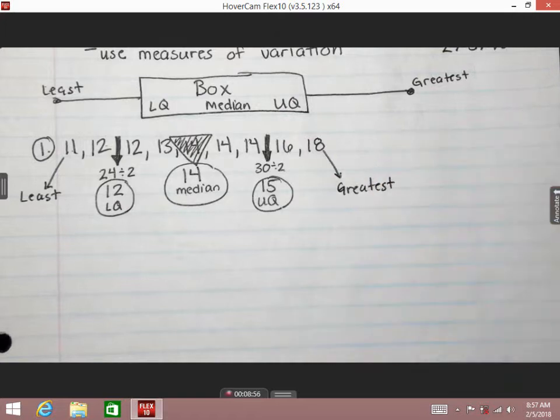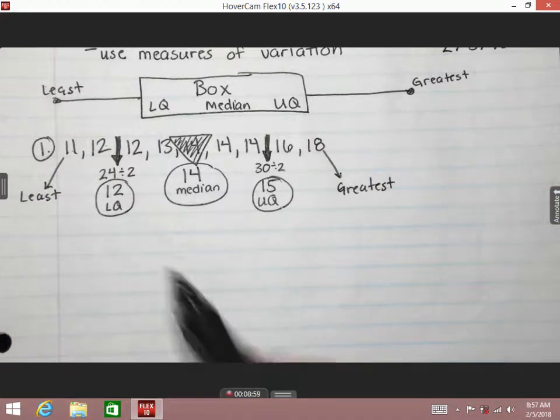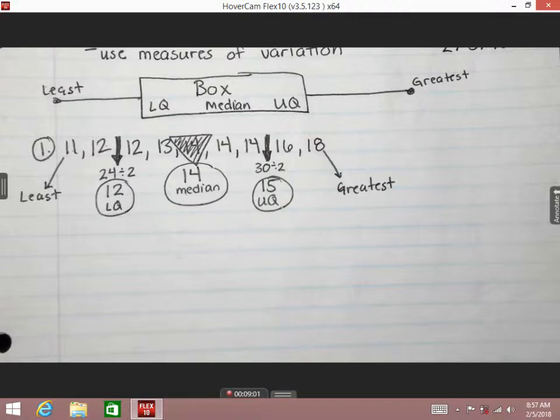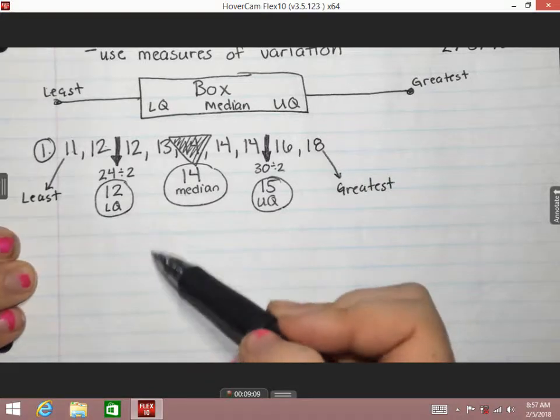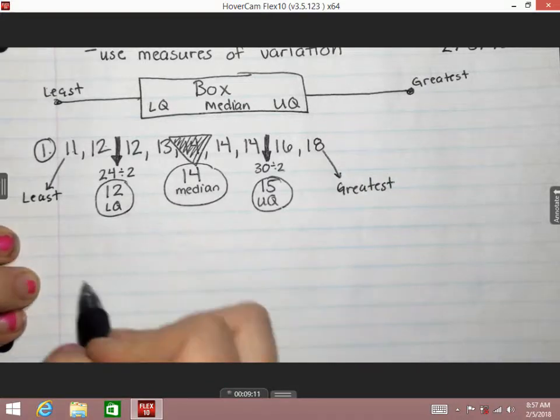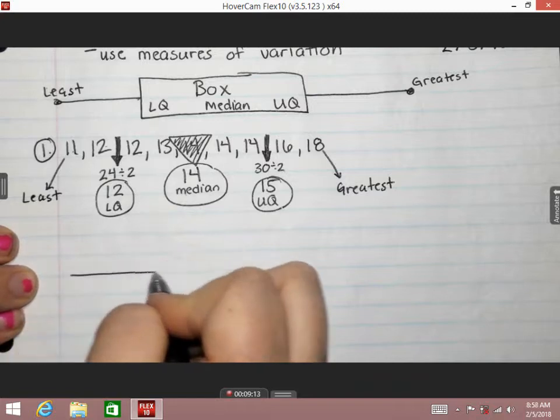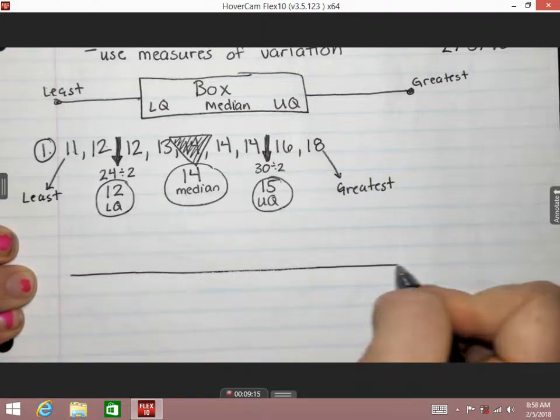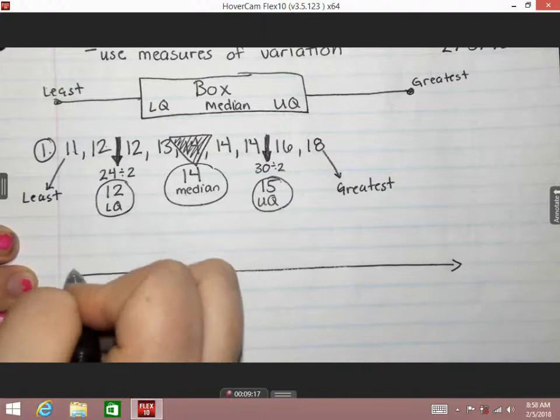All right. So now we're ready to make a number line. Unlike number lines before, where we would put the dots on the line, everything with a box and whisker plot actually just goes above it. So we're going to need to skip a little bit of space to do our graph up above the line. So let's draw the line, leave a couple of spaces, and then there's my number line.